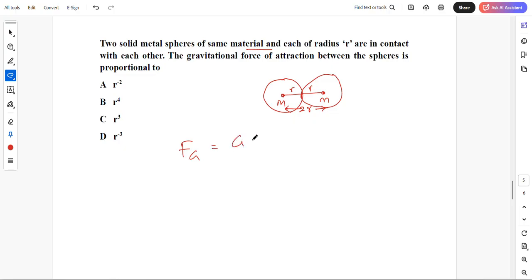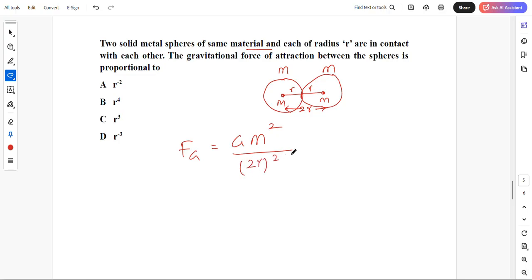It is given by G into m square, because the mass of this solid metal sphere is concentrated at the center. G m square divided by, what is the distance between m and m? That is 2r the whole square.